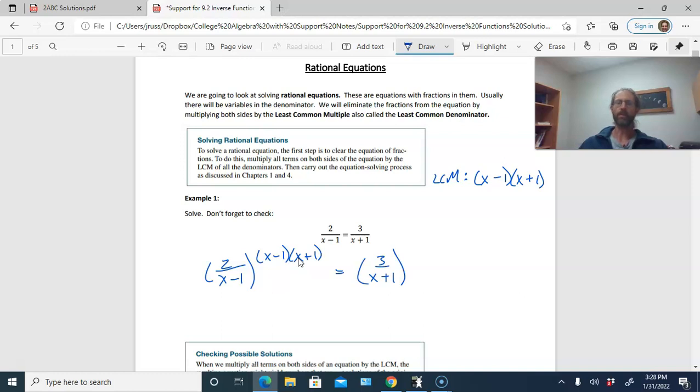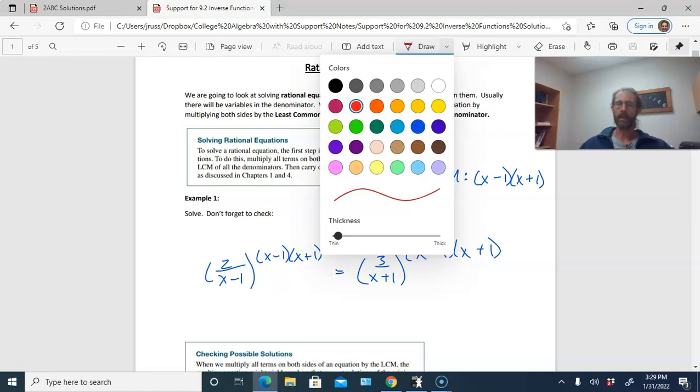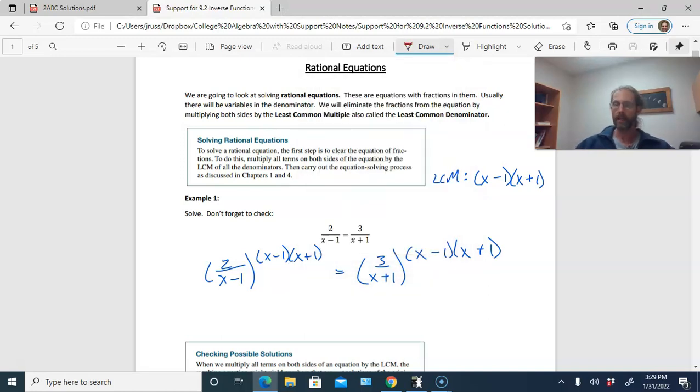Put it inside parentheses and multiply it by that same least common multiple or least common denominator. As long as we're doing the same thing to both sides of the equation, it's going to stay balanced. But the nice thing about this, guys, is that it's going to allow us to divide out these denominators.